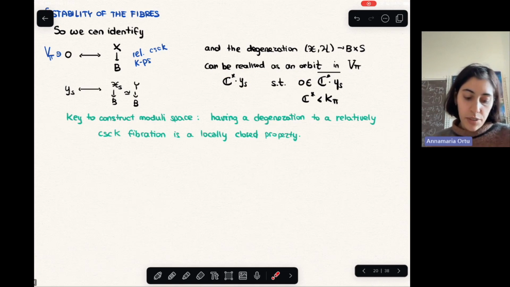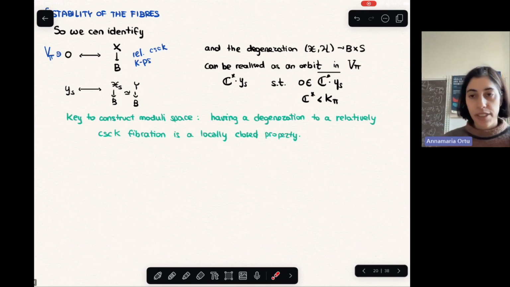Now the key to construct a moduli space of these fibrations is to prove that having a degeneration to a fibration with CSCK fibers is a locally closed property.